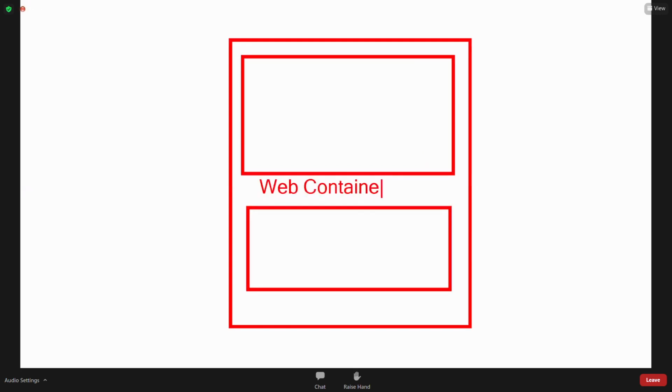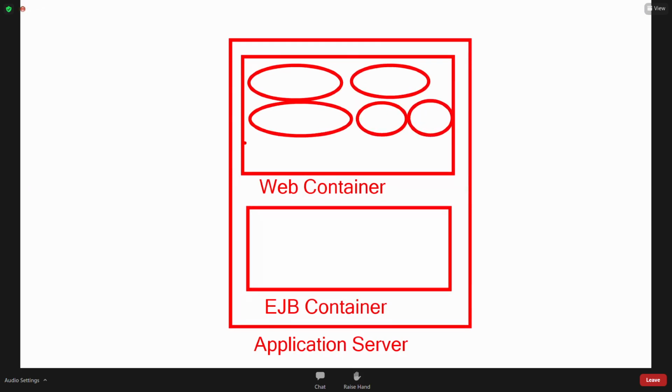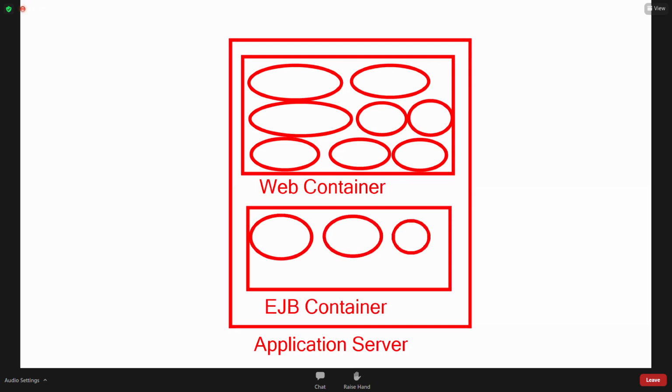Web container, EJB container. It is application server. Here, servlets will be there, JSPs will be there. Here, only EJBs will be there.